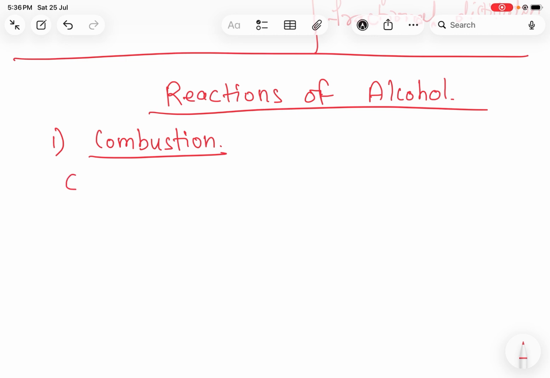If we have alcohol, for example ethanol, C2H5OH, when it is reacting with oxygen, it will give us carbon dioxide and water. So the combustion products of alkene and alcohol are the same.